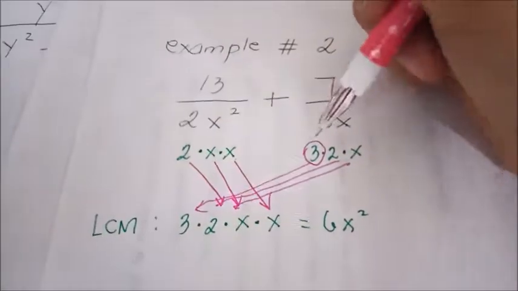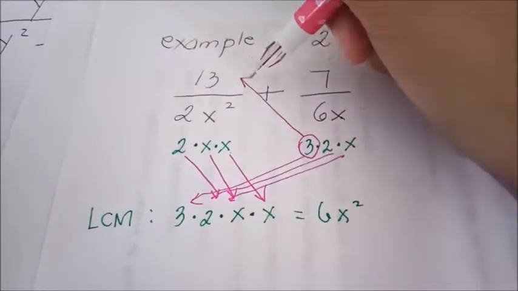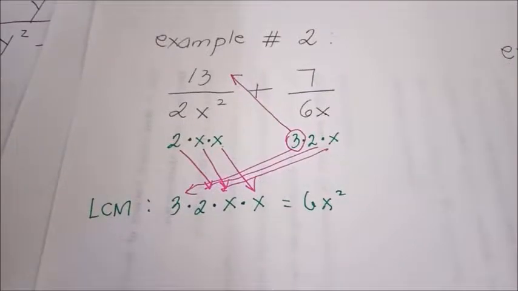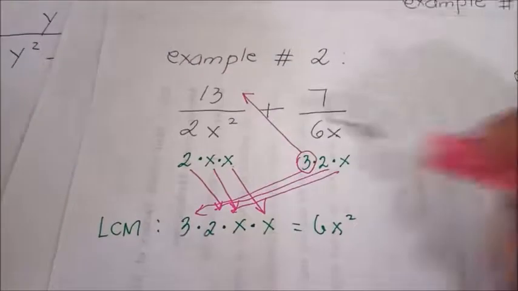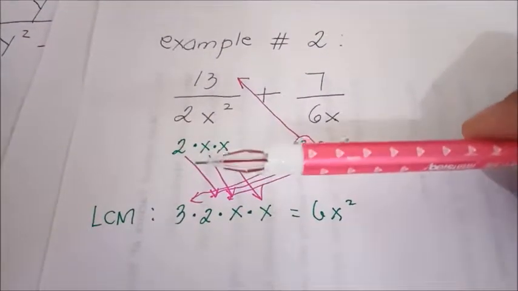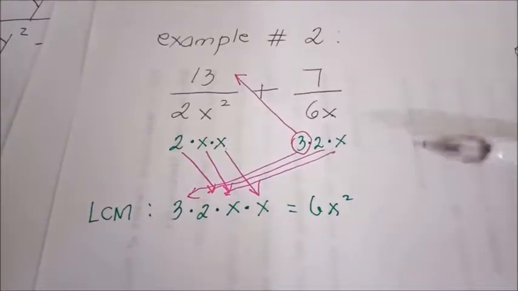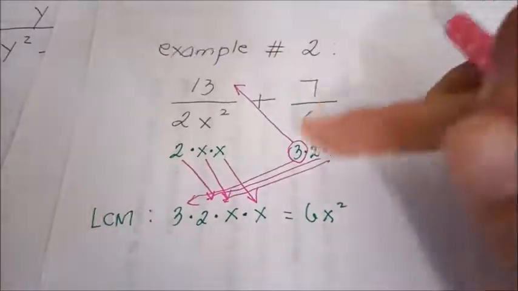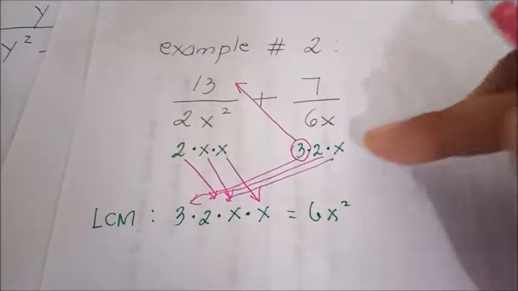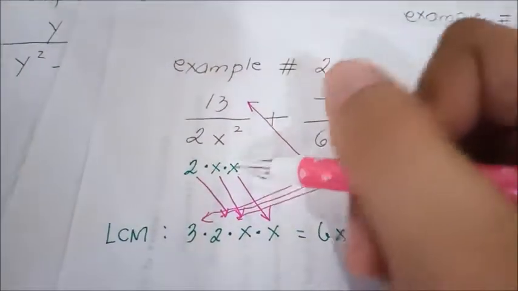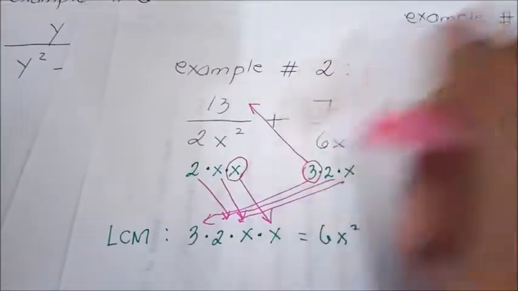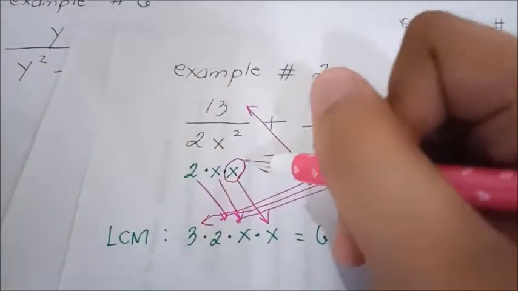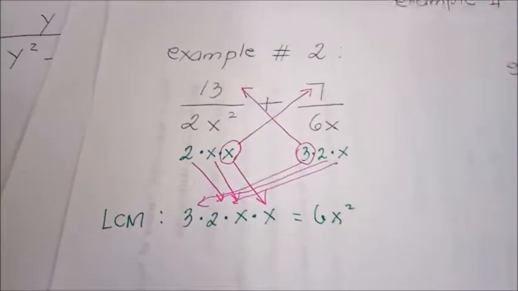So, ibig sabihin, itong 3 lang ito ang ita-times mo doon. Next, anong factors ng 2 times x ang wala sa 3 times 2 times x? Ayun si 2. Ayun si x. So, ang nawawala ay yung isang x. Ibig sabihin, itong x na lang na ito ang ita-times mo doon.